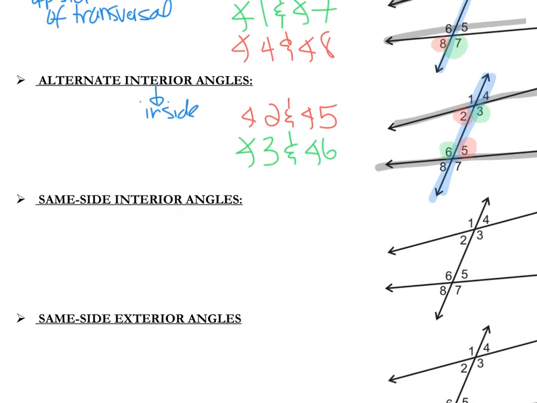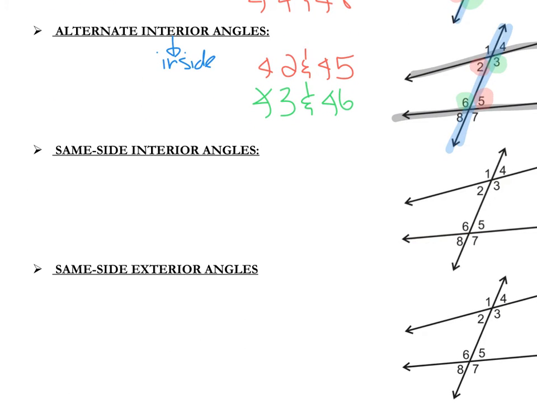Same side interior angles means working again on the interior, so inside those black lines, but on the same side of the transversal. That's pretty self-explanatory. All right, so same side.